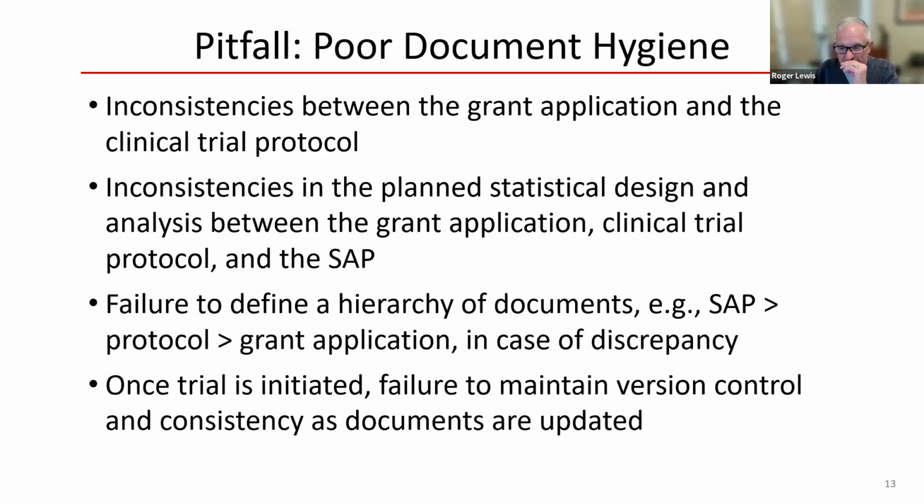Now, there are some pitfalls to the fact that you have two documents, and I call it poor document hygiene, which is essentially inconsistencies between descriptions of parts of your trial that really should match up. So that can be inconsistencies between the grant application and the clinical trial protocol.